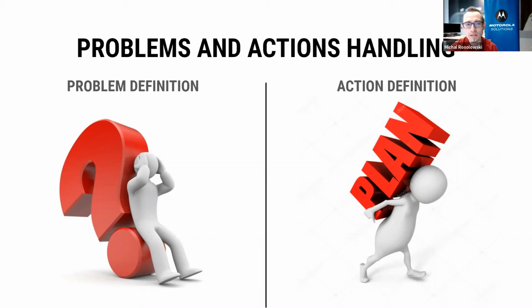So we had two meetings. One of them was about problem definition, and then we stopped. And then we let people go home and breathe and think and reset. And then we met again in a day or two, and we asked them to think about actions, because cumulating problems and actions in the scaled retrospectives may be simply too much.